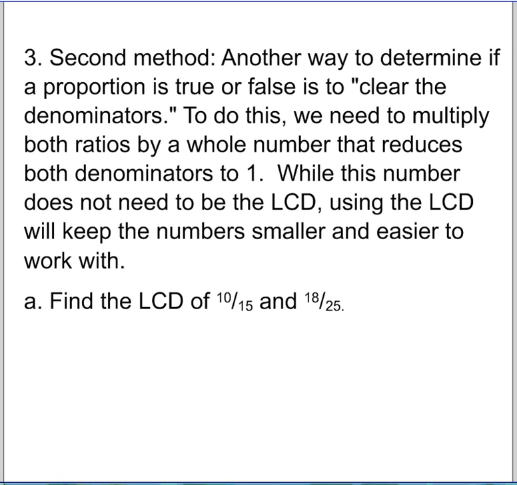While this number does not need to be the LCD, using the LCD will keep the numbers smaller and easier to work with. And so if we find the LCD of 10/15ths and 18/25ths again, we could go through the same process, but we would still get that same result of our LCD equaling 75.